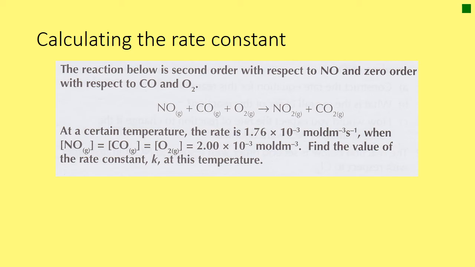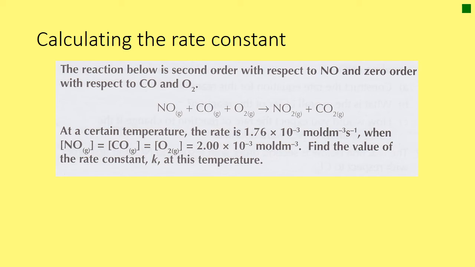So for that reaction, which happens at a certain temperature, it doesn't matter, we're given that the rate is 1.76 times 10 to the minus 3 moles per dm cubed per second, right? And it is that rate when the concentrations of all three reactants are 2.00 times 10 to the minus 3 moles per dm cubed. And so what the question wants us to do is to find the value of the rate constant at this temperature.